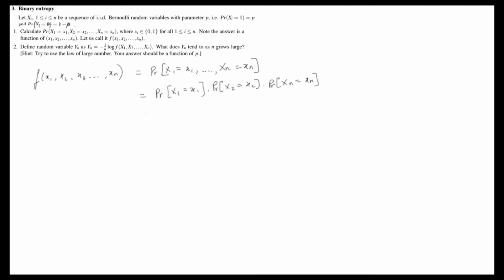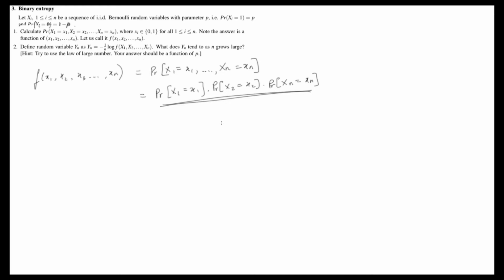So we've just broken this up in terms of the random variables being independent of each other. So we've split it up into individual probabilities of each and every Xi equal to the respective small xi's.